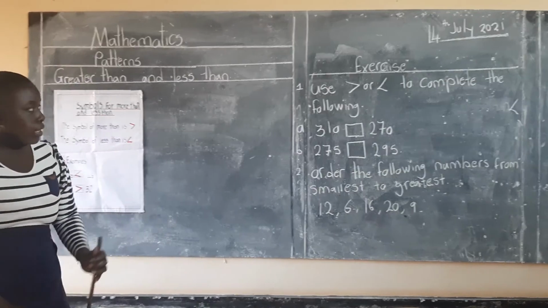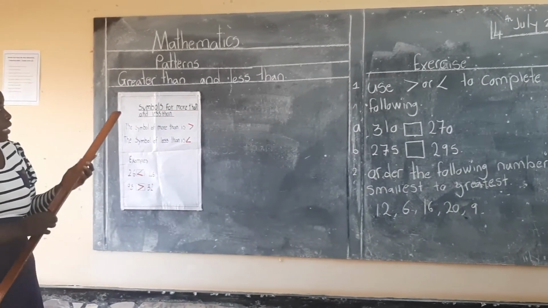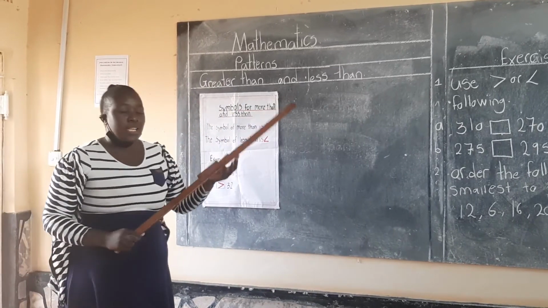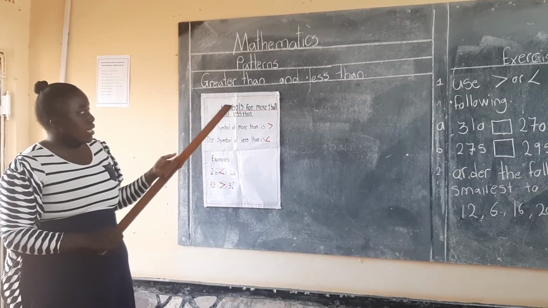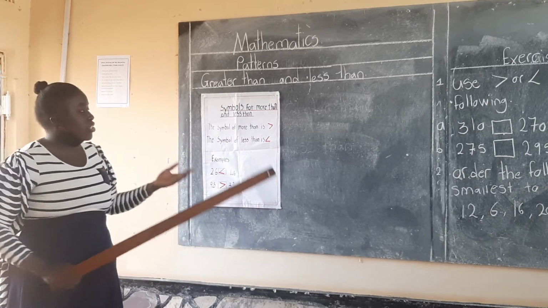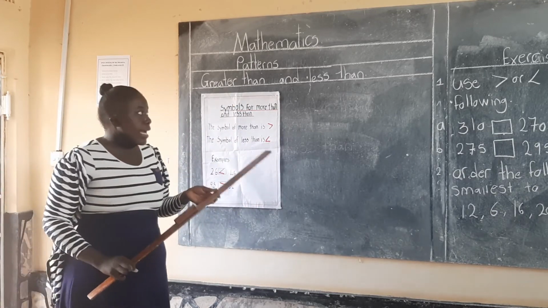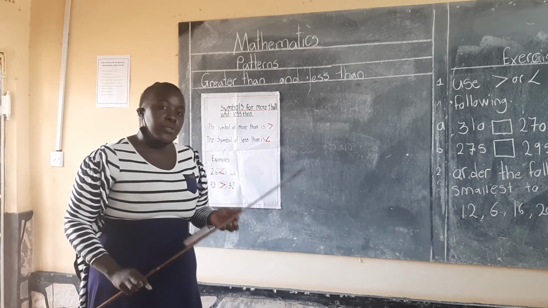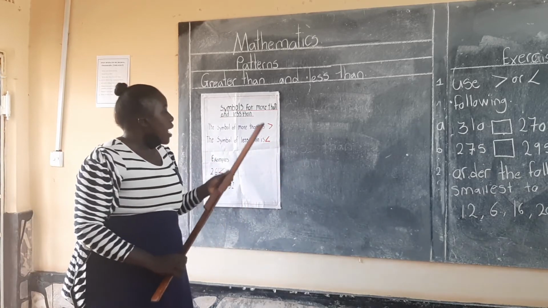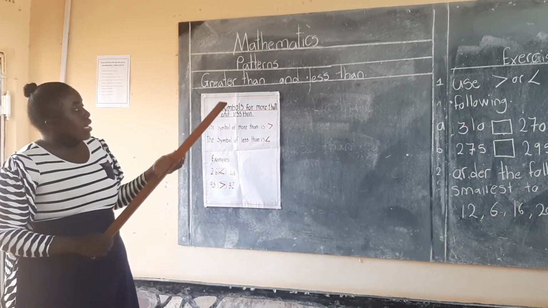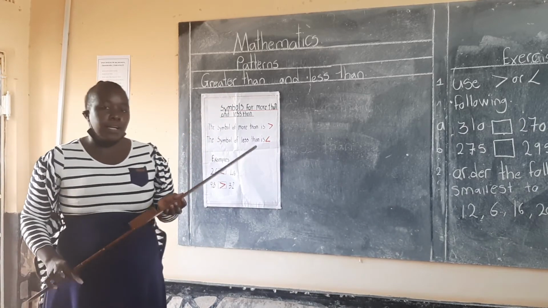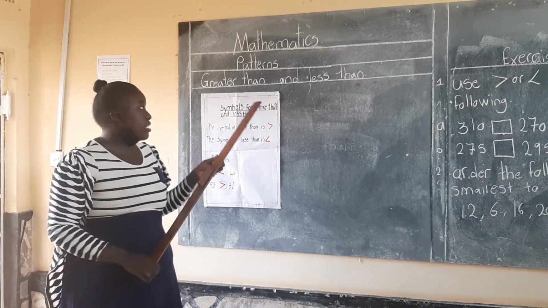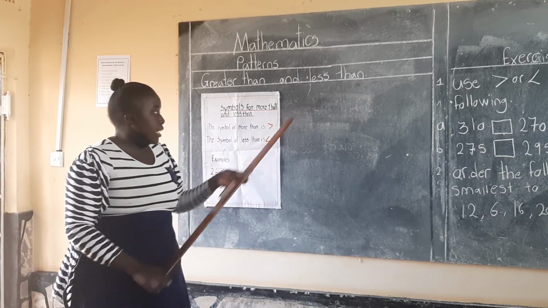In our lesson today, we were looking at patterns, and we were talking about greater than and less than, which in mathematics are used to compare numbers. These two have symbols that we use to represent them.